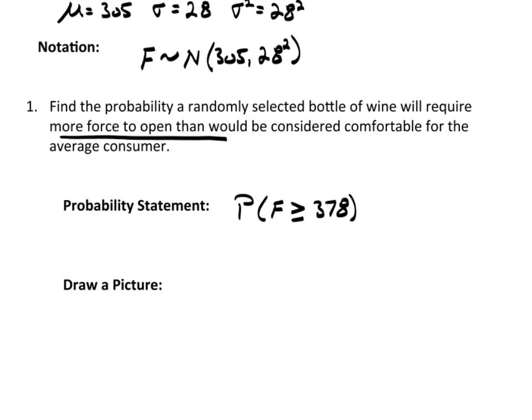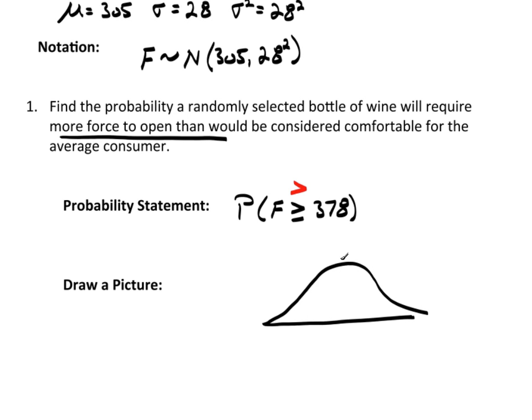Now, something that's important here about this greater than or equal to. I'm going to digress here for just a moment. This is a continuous distribution, and one of the properties of a continuous distribution is it does not matter if I write this as greater than or equal to, or simply greater than. Now you recall that we said the area under the curve is associated with the probabilities.